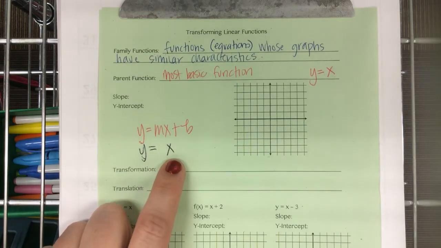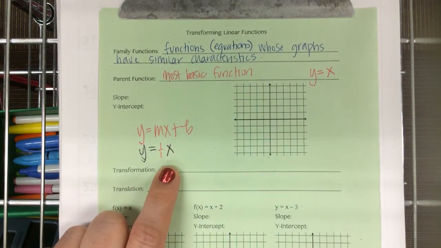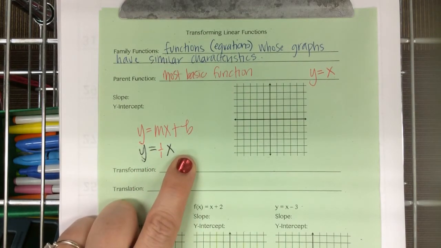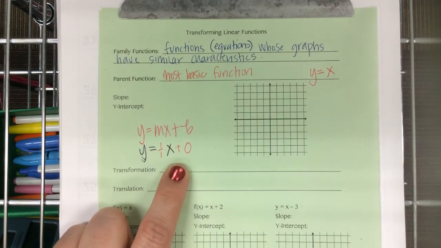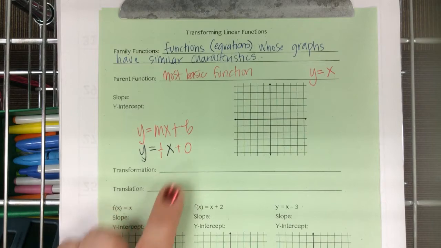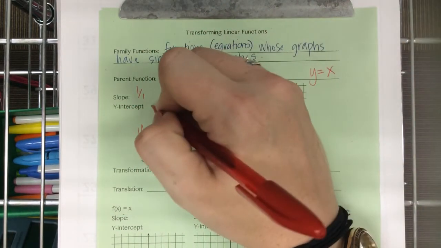There is an x. 1 over 1. And what's the intercept? 0. And this one is 0 because there's nothing written there, correct? And if there's nothing, that's a 0 value. So the slope is 1 over 1, and the intercept is 0.